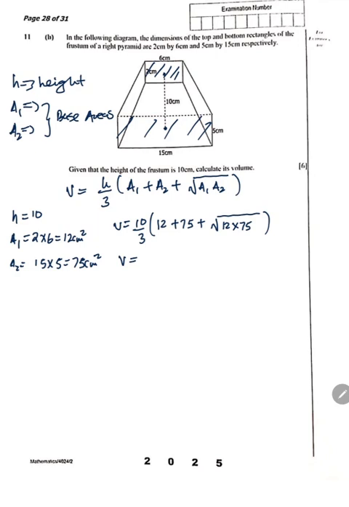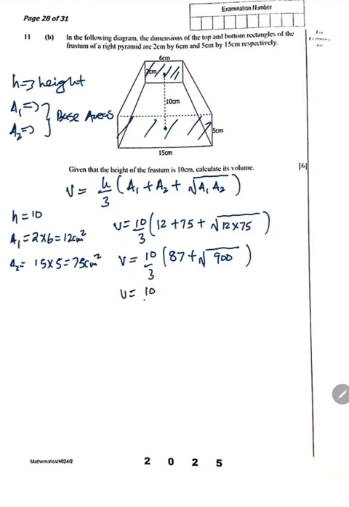Once we simplify, the value we get is the answer. So 10 over 3. When we add 12 plus 75, that's 87. Then we need to find the square root. 12 times 75 first is giving me 900.